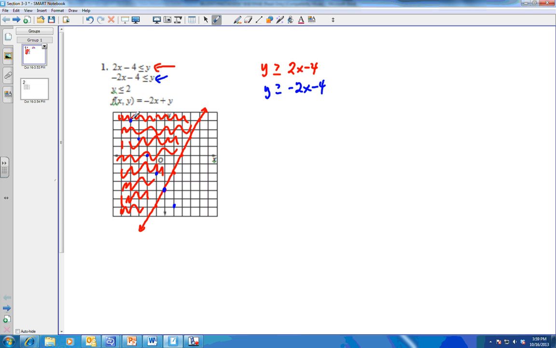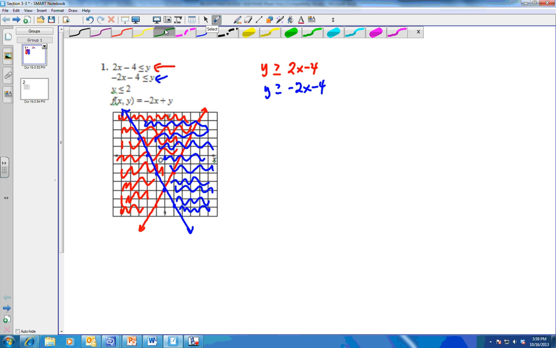This is also a solid line, and for this one, I'm going to shade above this line. So when I shade above, it's all of this area. Right now, what they have in common is this little triangle right here.